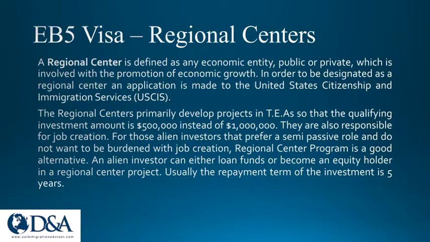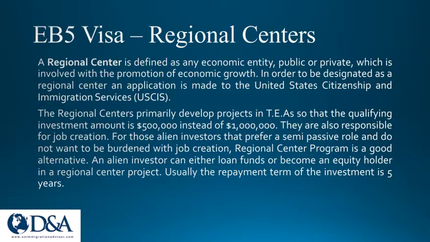In order to be designated as the regional center, an application is made to United States Citizenship and Immigration Services, or USCIS. The regional centers primarily develop projects in targeted employment areas so that the qualifying investment amount is $500,000 instead of $1,000,000. They are also responsible for job creation.